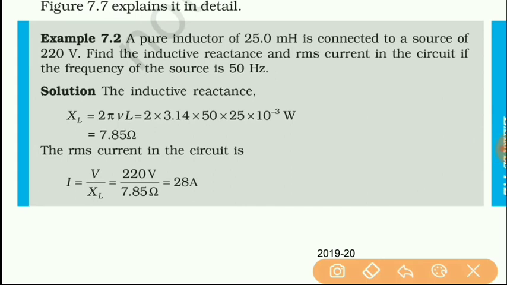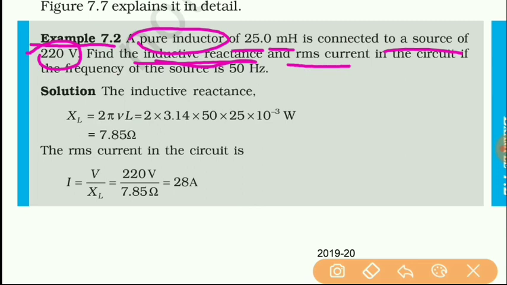Now example number 7.2. Here, given for a pure inductor, its value is 25 millihenry and the source voltage is 220 volt. We have to find the inductive reactance and RMS current in the circuit.